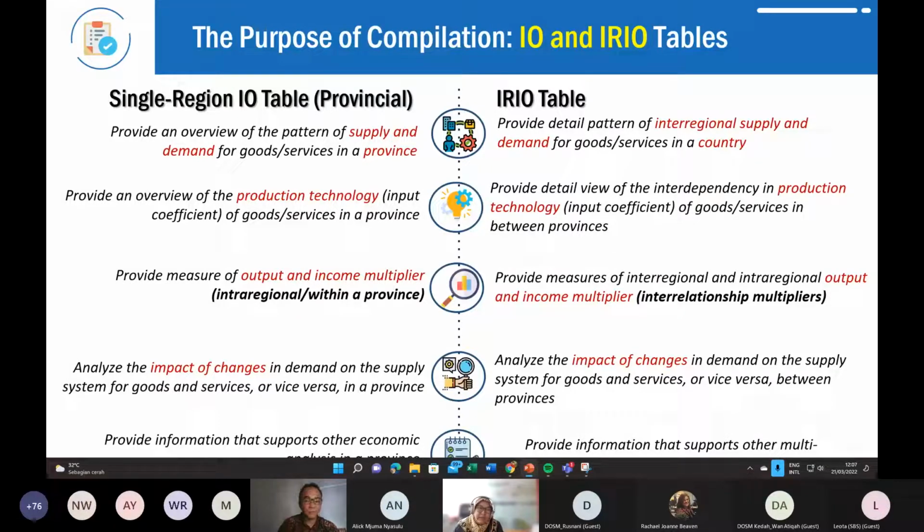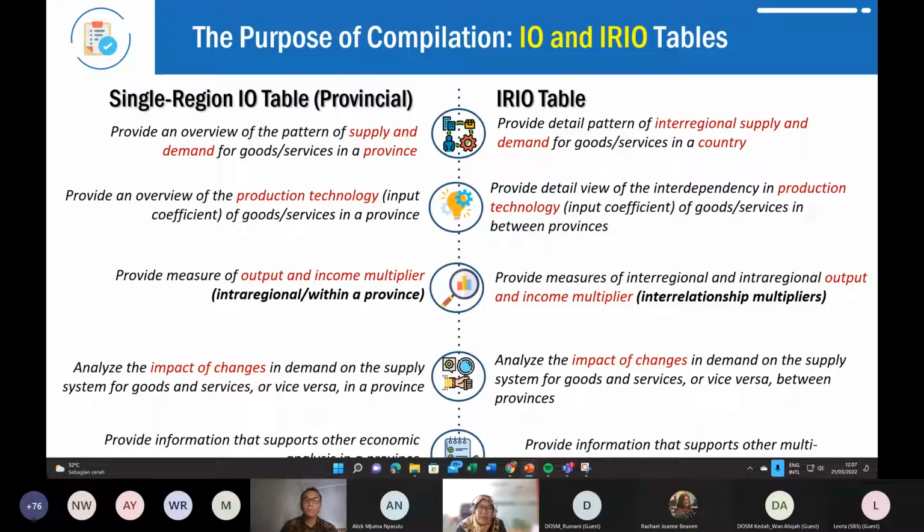This IO table also provide overview of the production technology of goods and services in a province, and it can measure the output and income multiplier within a province, and analyze the impact of changes in demand in the supply system for goods and services or vice versa in a single region.